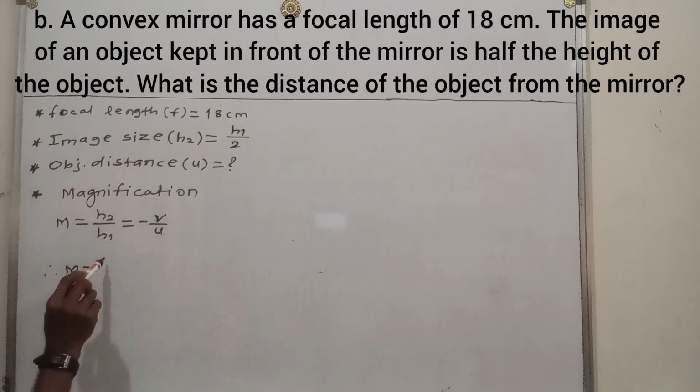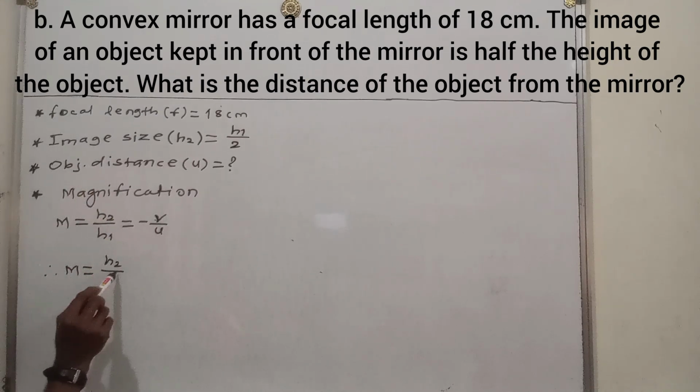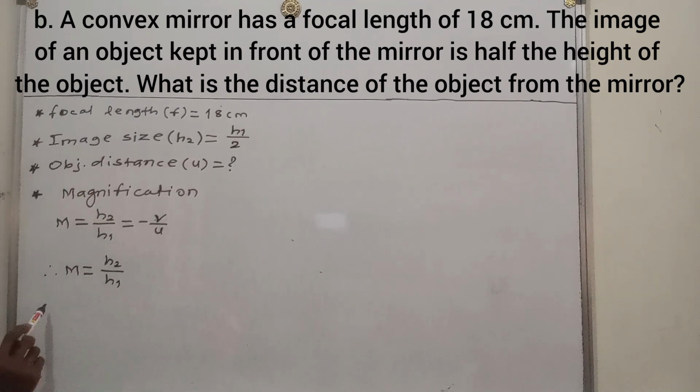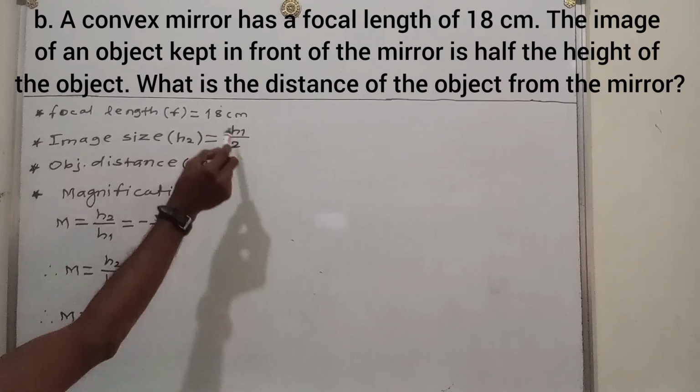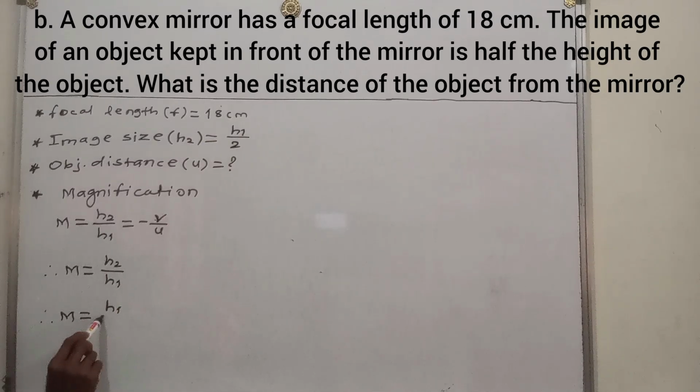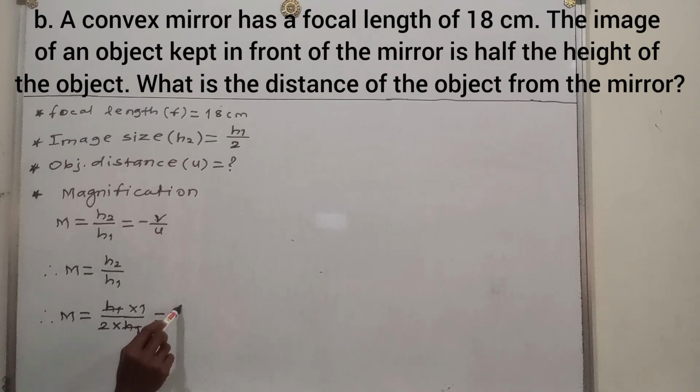H2 upon H1. Therefore, m is equal to, what is H2? The value of H2 is H1 upon 2, into denominator H1, here we write 1. H1 cancels, means 1 upon 2.